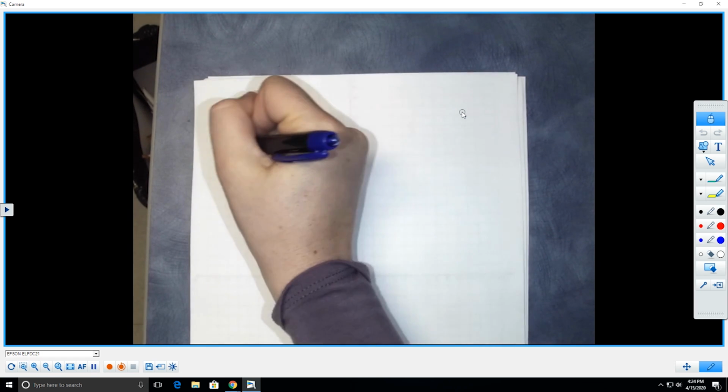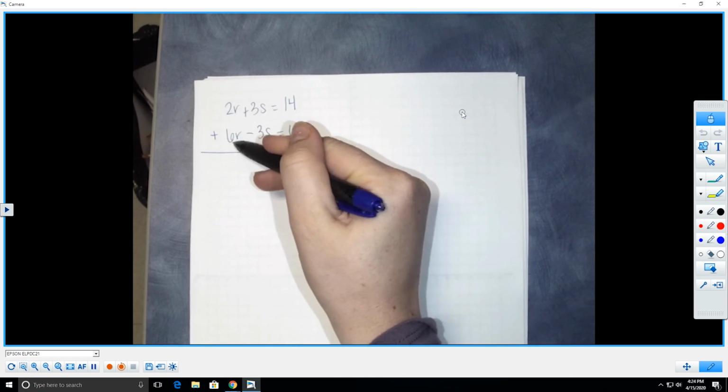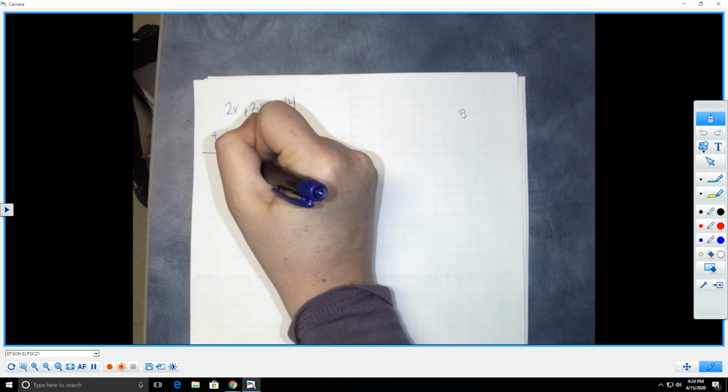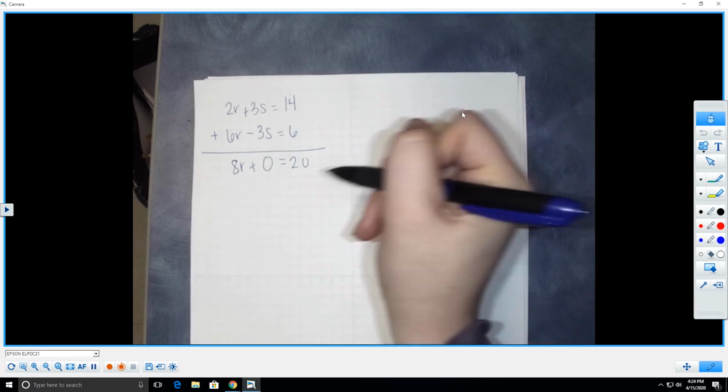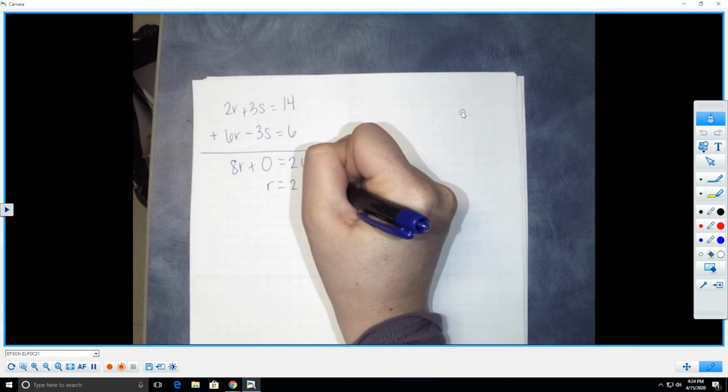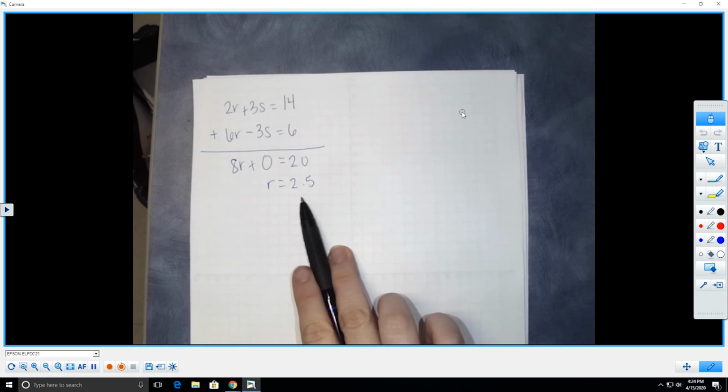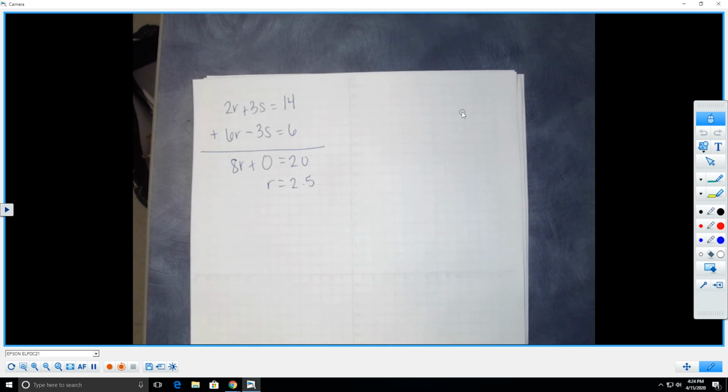So I'm going to add these two together. I'm going to get 8r plus 0 equals 20. So r equals 2.5. Did you get the same answer? So now that we have r, we can solve for s. See if you can follow along.